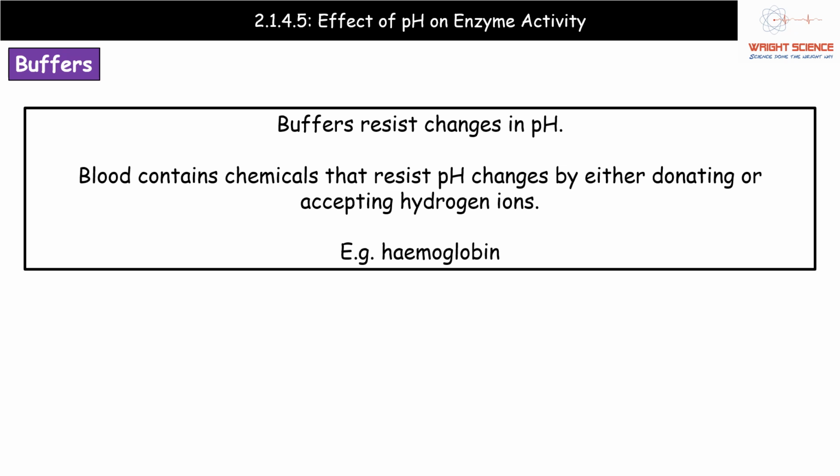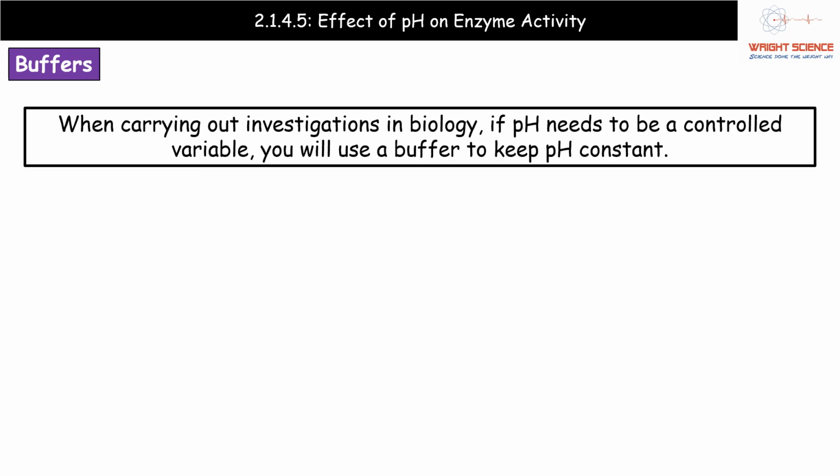That's because a buffer can either donate hydrogen ions, so release those hydrogen ions into solution, or it can accept hydrogen ions, so remove them from the solution. Depending on the scenario, it will do whichever keeps the pH within a narrow range.